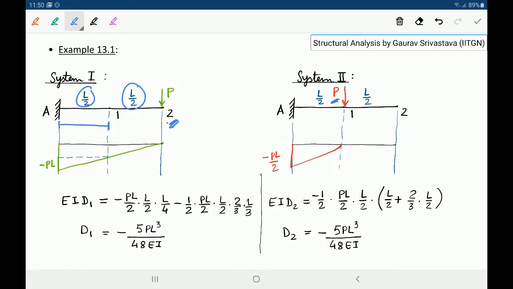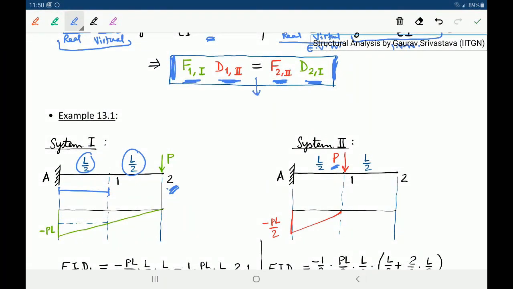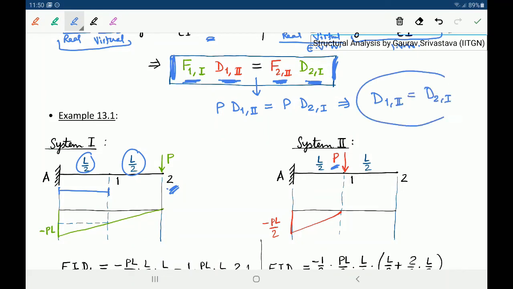And if this Maxwell's theorem is true, what we are saying is that in this case the magnitude of forces in both is the same. So P times d1,2 is equal to P times d2,1, which will mean that the displacements d1,2 should be equal to d2,1, right?